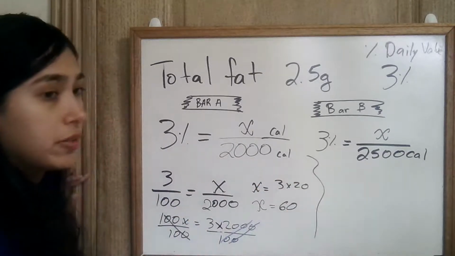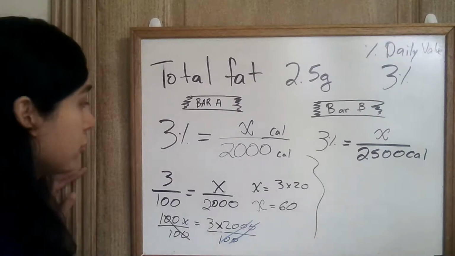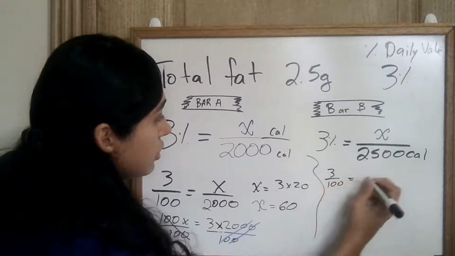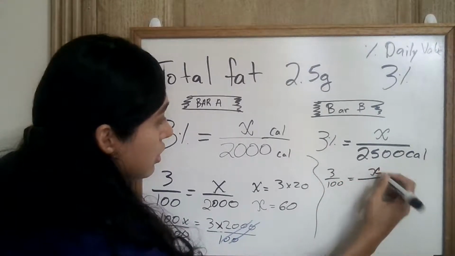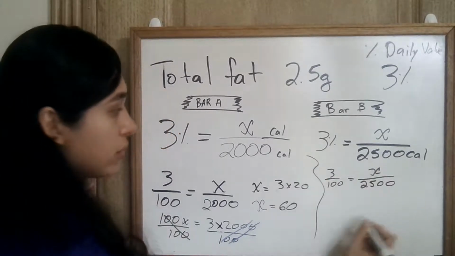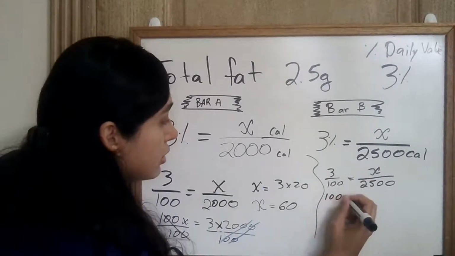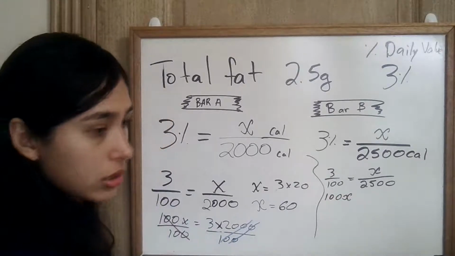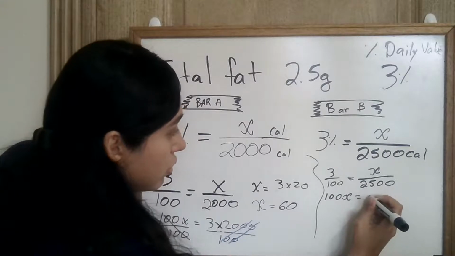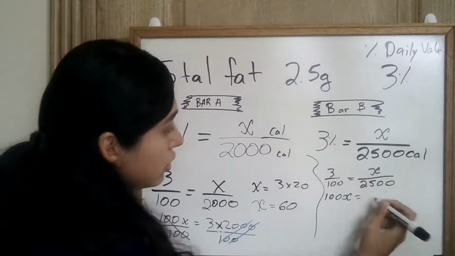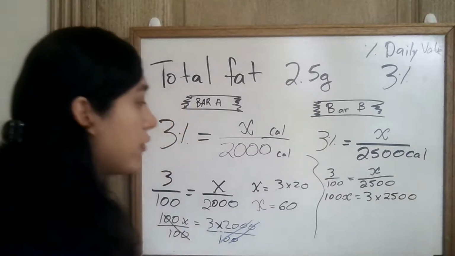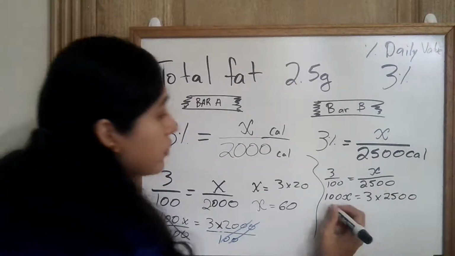So just for the sake of argument, let's solve for x for this other bar. So we'll set up our proportion. Cross multiply on both sides, so I get 100x is equal to 3 times 2,500, divide both sides by 100.